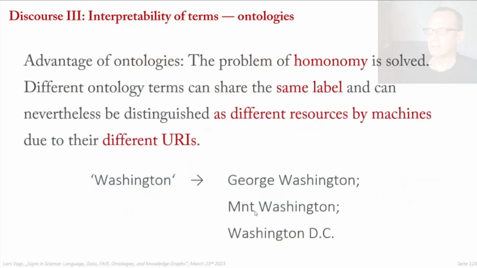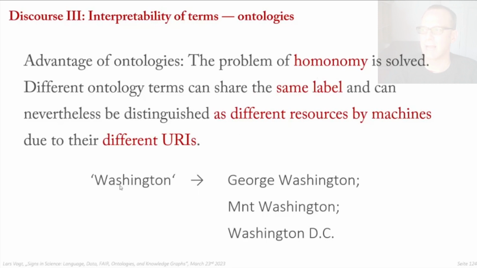Now, what advantages do ontologies bring as opposed to natural language terms? So first of all, it's machine readable, interpretable, and so on. But it also solves the problem of homonymy. So different ontology terms can share the same label and can nevertheless be distinguished as different resources by machines due to their different URIs.